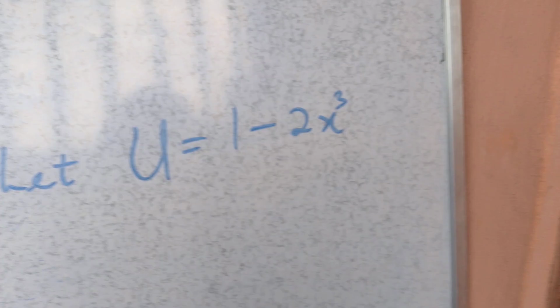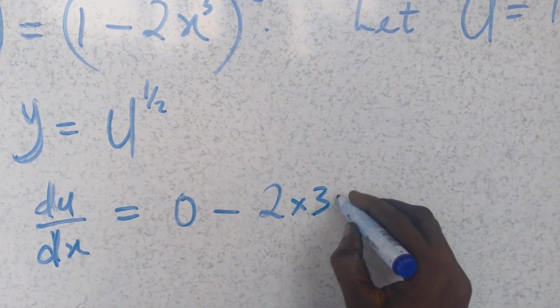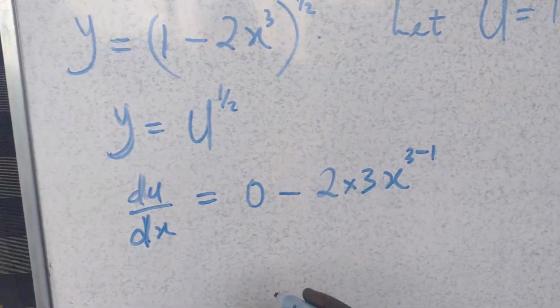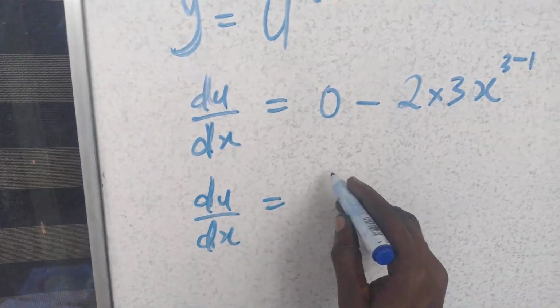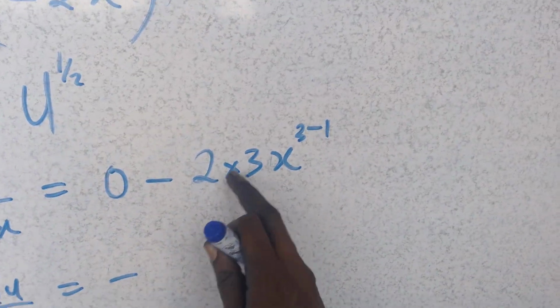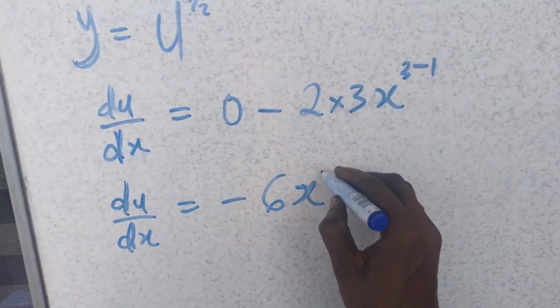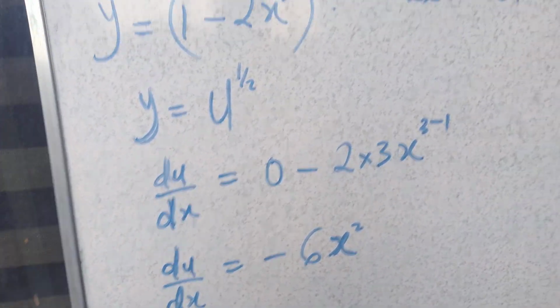Bring this 3 down, so I'll be having 2 times 3 x raised to the power 3 minus 1. So du/dx equals, this one is gone, that's minus 2 times 3 is 6, 6x raised to the power 3 minus 1 is 2. Okay, so we have that as du/dx.